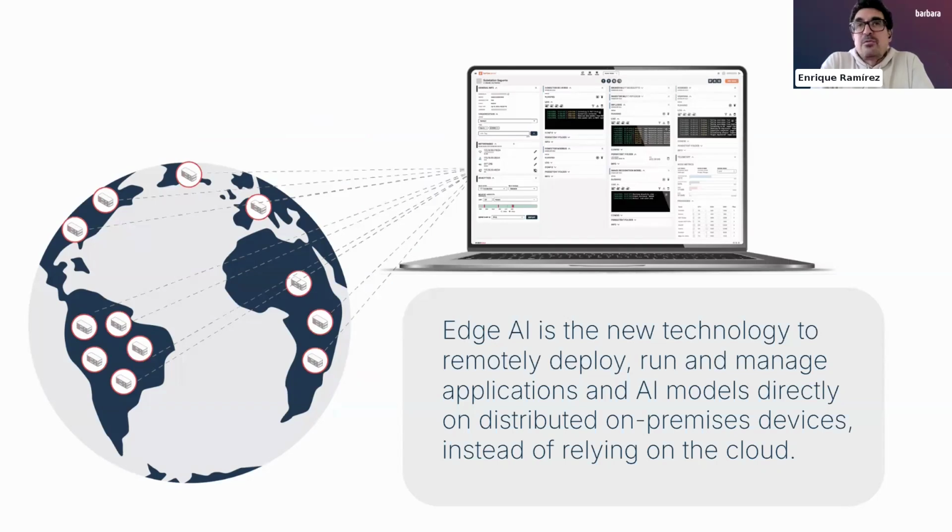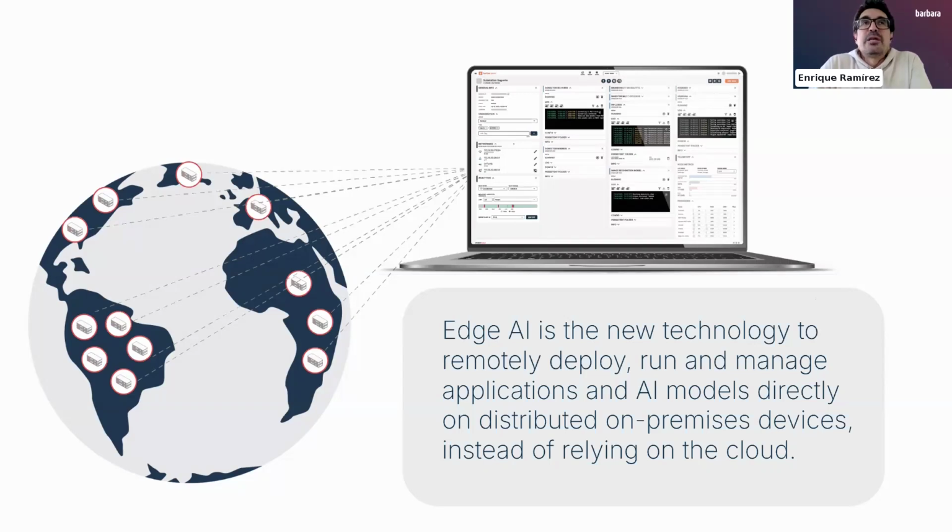They can be spread all over the world. So the platform is what we call an edge orchestration tool. We can use the platform to manage the devices located all over the world, controlling them, configuring them, and also deploying AI models and applications on those devices. We can do all of these things remotely.